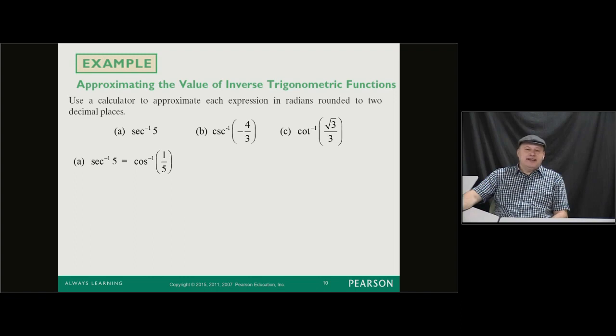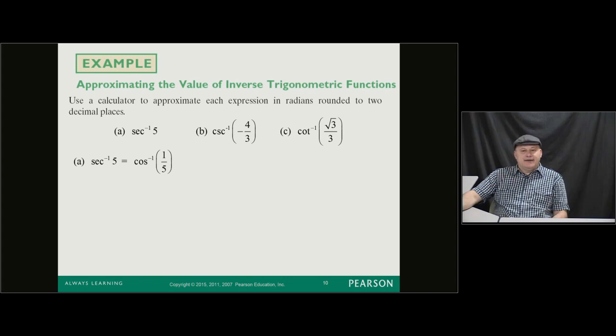Now, I say it works for anything that fits in its domain. That means if you do a secant inverse of 1/2, it won't work, because you would end up doing a cosine inverse of 2, since the reciprocal of 1/2 is 2. And the cosine inverse of 2, if you try it on the calculator, will give you something undefined.